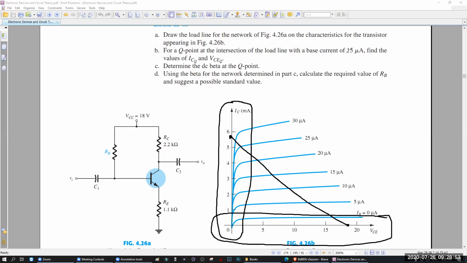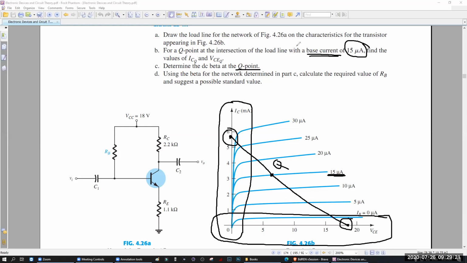Then the base current, there will be a fixed value of base current, right? That base current, let's say 15. So it will cross here, right? This is a 15 line, 15 microampere. So this load line and that 15 microampere will be crossing there. So that will be your Q point. Q point means quiescent point or operating point. Okay, Q point. So at first, we have to find this point and this point.